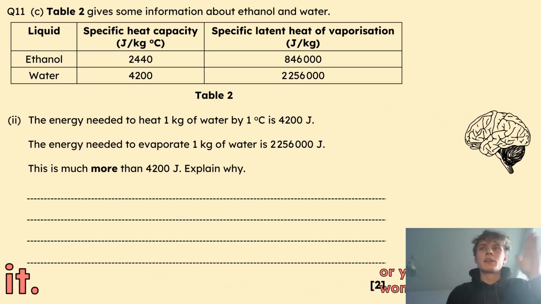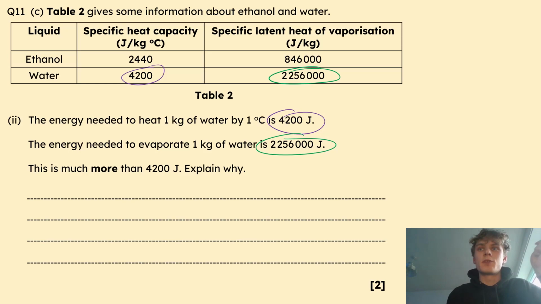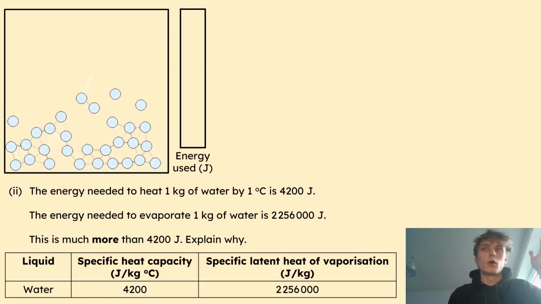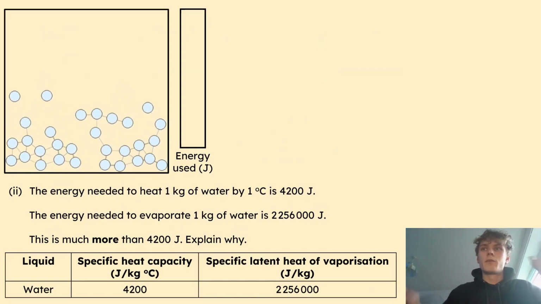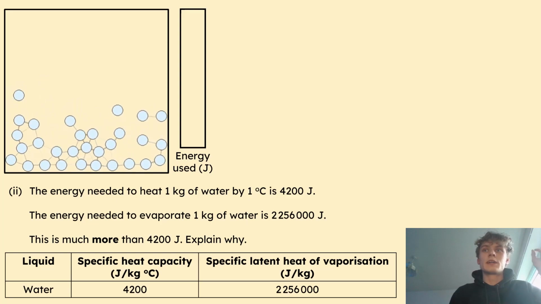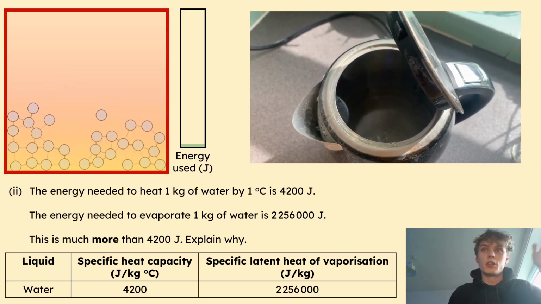So this question is nice because if you look at the table and then to the question, you can see that it actually tells you the definition of the specific heat capacity and the specific latent heat of vaporization. So pause now if you still haven't got an answer and really think about the bond, the intermolecular forces that hold molecules of water together. Now, stay with me. I'm going to increase the temperature of this water by 1 degree.